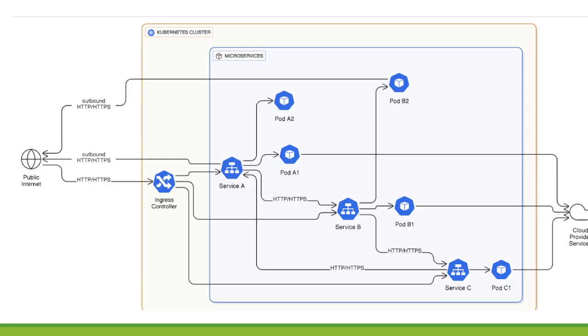For that we also need services to call internally, that is called private services, and from the outer world we cannot expose that. Here, service B is responsible for calling pod B and pod B2, and it is also internally calling service C, and service C is calling pod C.